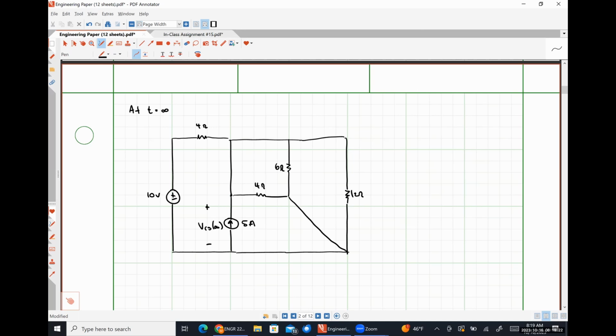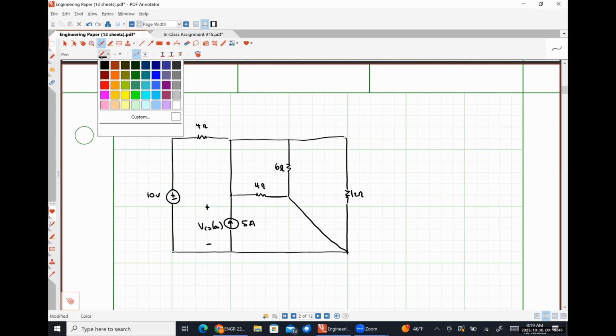Here's what we are dealing with. How would we most easily find VCS? Probably nodal analysis again, absolutely.